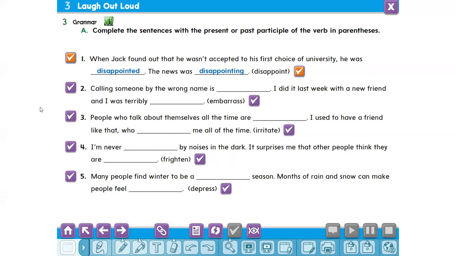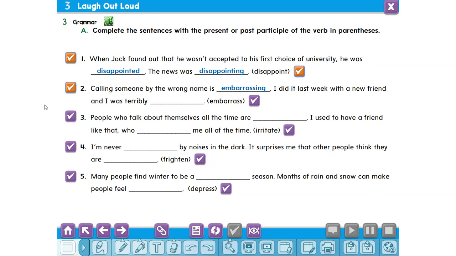Here, in the first sentence, we are describing what causes the feeling. I mean, calling someone by the wrong name, this is what causes the feeling. So we use, as our friend Yusuf said, present participle or gerund or ing form, embarrassing.